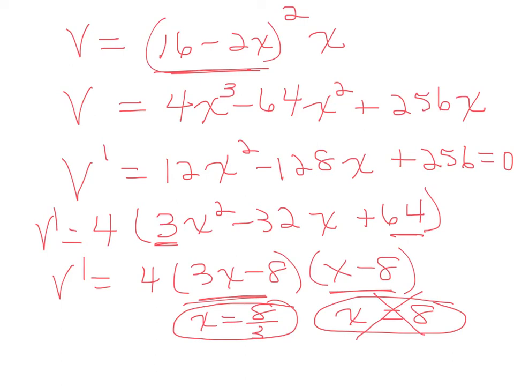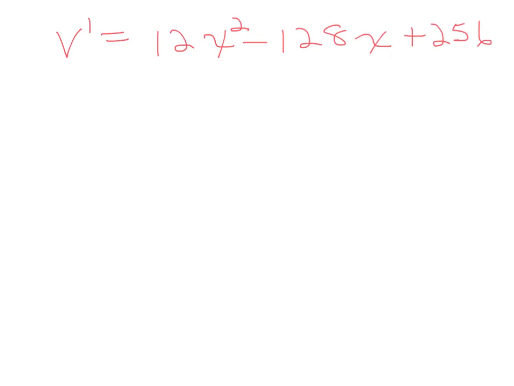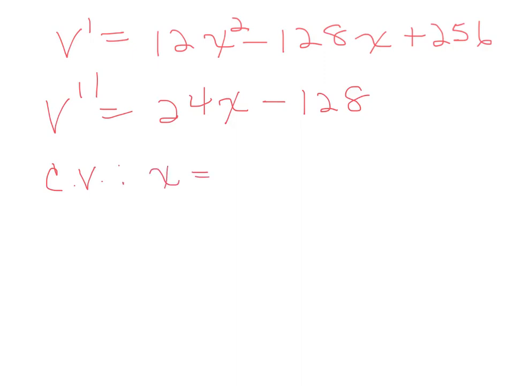But before I know that for certain, I have to take my second derivative. So we'll do that on the next page. So knowing that V prime equals my first derivative, my second derivative is going to be 24x minus 128. I said the critical value was x equals 8/3. So let's evaluate my second derivative at x equals 8/3.